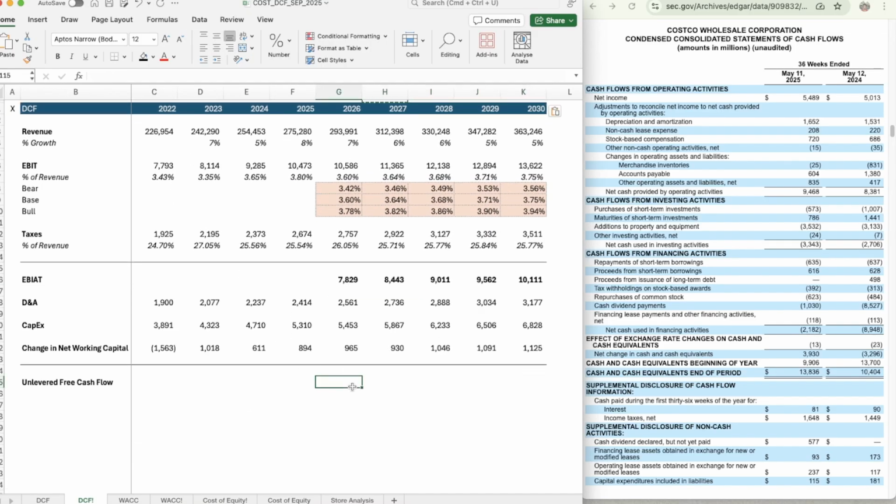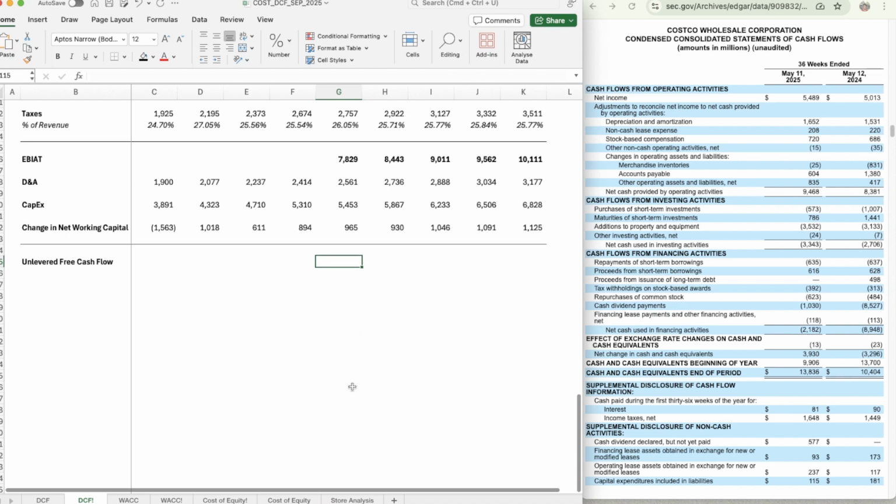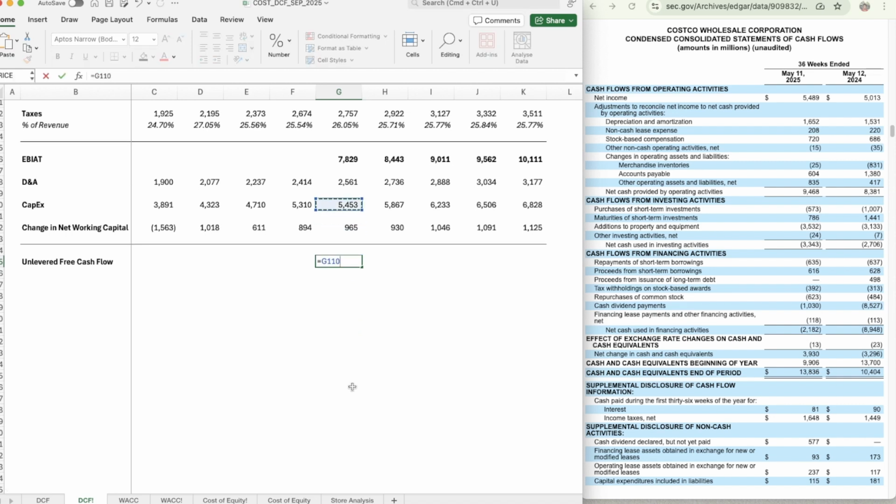So unlevered free cash flow now is going to equal your EBIT plus your depreciation and amortization, because it's a non-cash expense, subtract CapEx, and then subtract the change in net working capital. So we have just under 4 billion here in unlevered free cash flow.